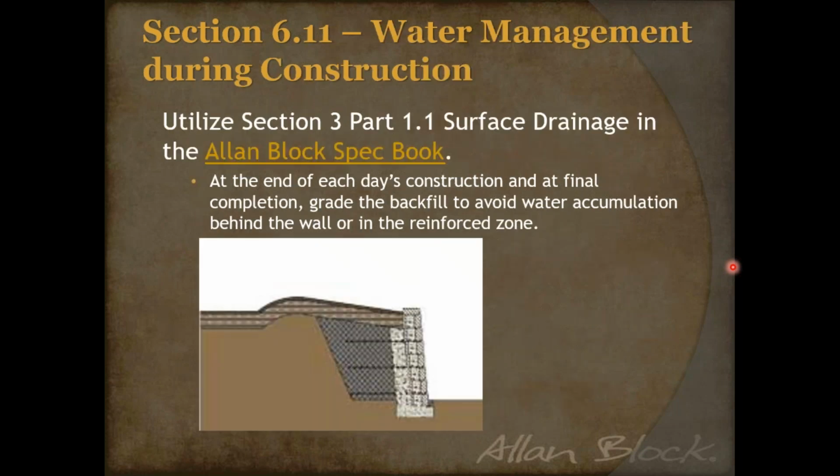The rest of this, a couple other talking points. We'll get into 611, and talk about water management during construction. We know water tries to find the lowest point during construction if it rains. That can be your trench or the backfill area. So we just tell the contractors, at the end of each day, use best practices to divert the water around, whether that's with a berm or a quick swale, especially if rain is in the forecast.